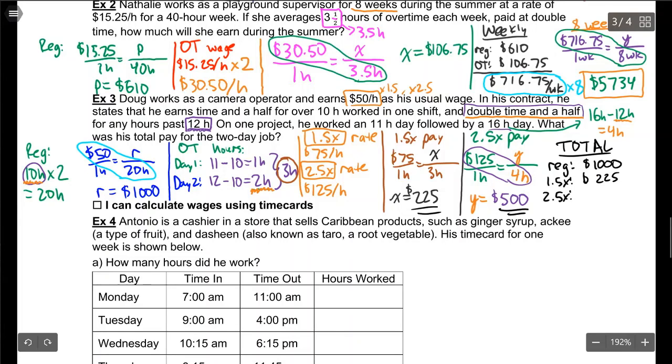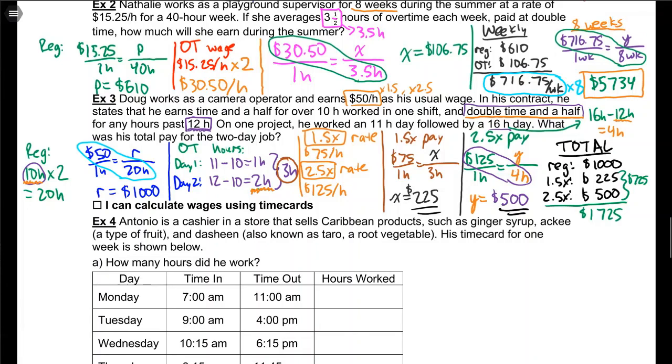And his 2.5 times pay is 500. So what a beautiful contract. He earned $725, sorry, that should be a 7, not a 2, $725 extra beyond his original 1,000. That's awesome. That's $1,725 for his crazy overtime.